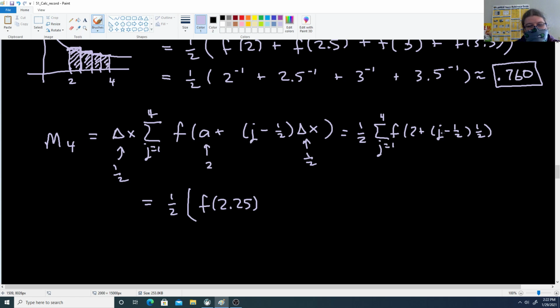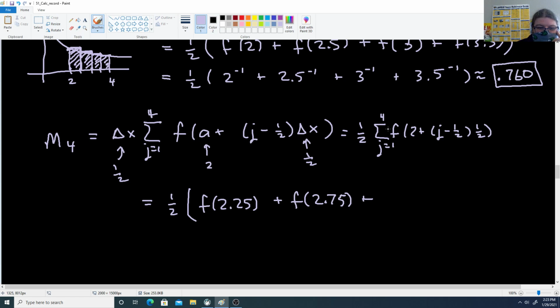Then j is 2. 2 minus a half is 1 and a half, which is 3 halves. 3 halves times 1 half is 3 fourths. 3 fourths is 0.75. So 2 plus 0.75 would be f of 2.75.